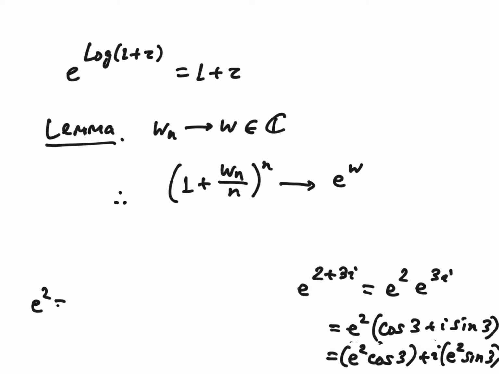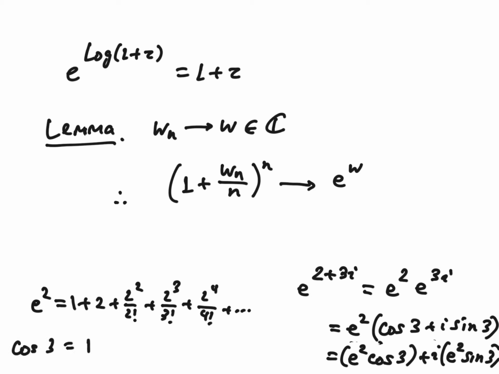Okay, and you can calculate e squared by this series. At least, by summing lots of terms of that series, you can get a close approximation. And then cosine 3 can be computed from this series. And so on. So then, by multiplying those values, you get the real part.